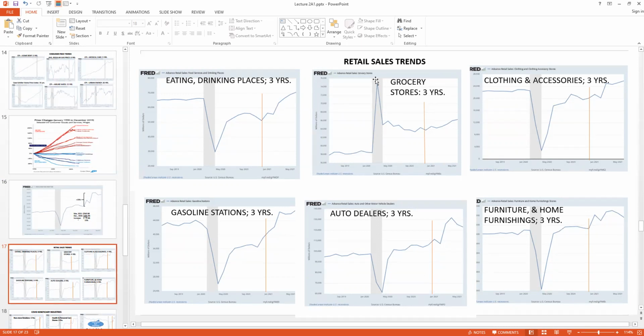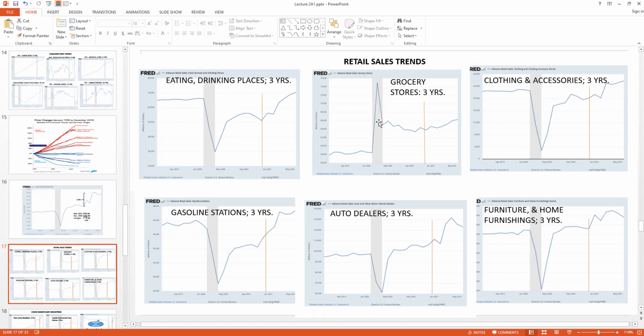You might just ask yourself a question, can people do that in other countries? And where they don't have the kind of technology and the ability to buy personal computers and such, this might not have occurred. But in the United States, grocery sales really picked up because people moved home.